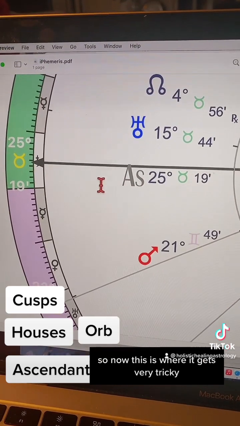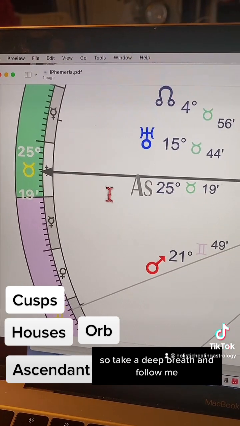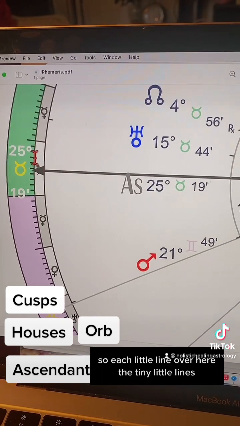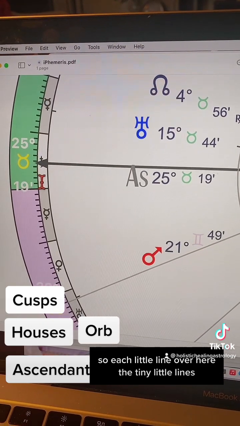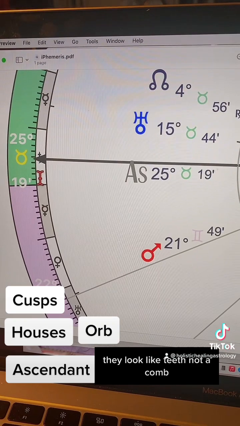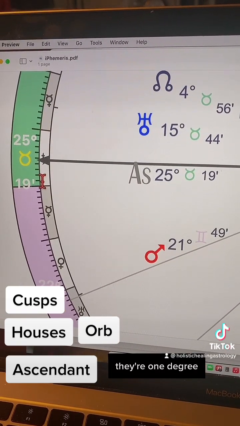So now this is where it gets very tricky. So take a deep breath and follow me. Each little line over here, the tiny little lines, they look like teeth on a comb. They're 1 degree.